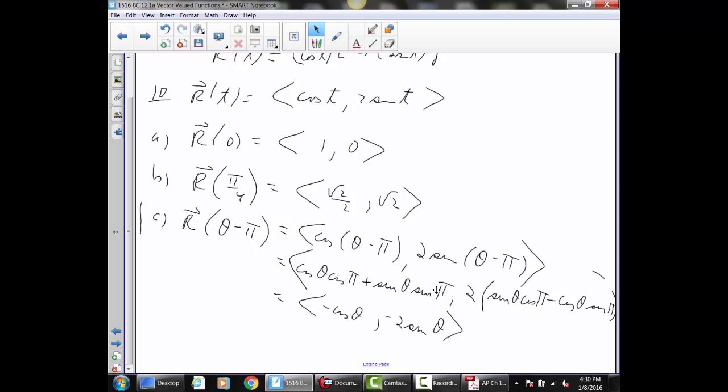The sine of pi is 0, so this term here will just be 0. Then you have 2 times, again, the cosine of pi is -1 times sine theta, so you have -2 sine theta, and then, again, the sine of pi is 0, so this part just becomes 0.